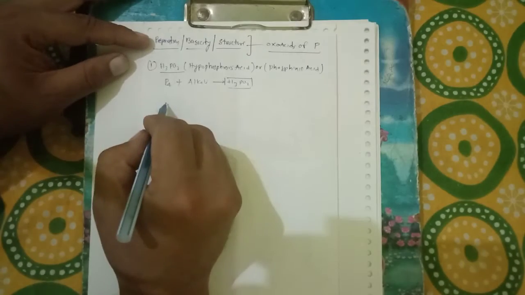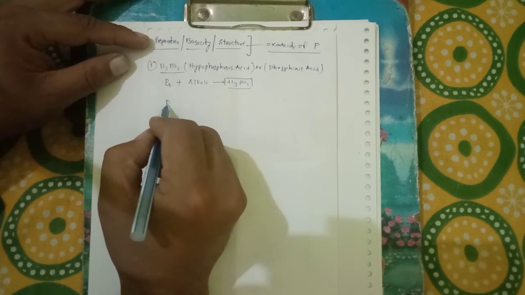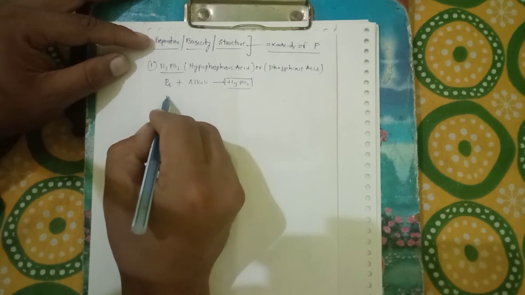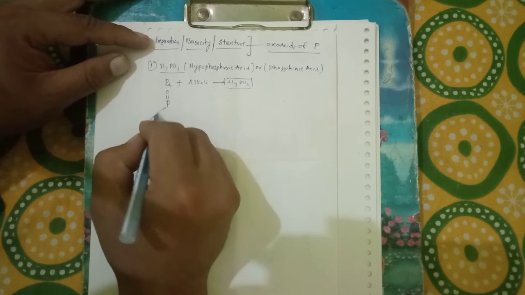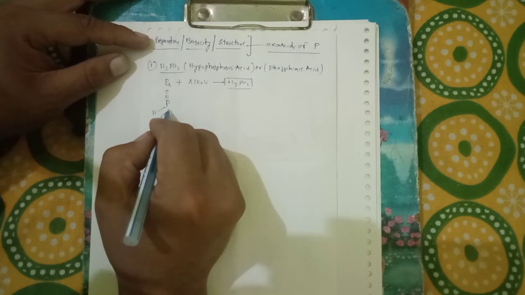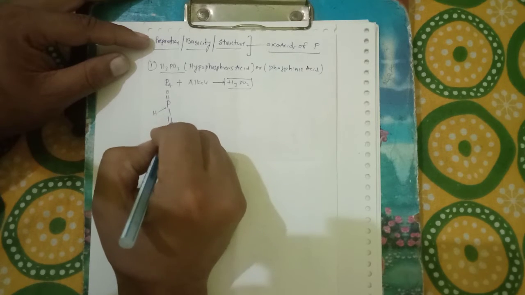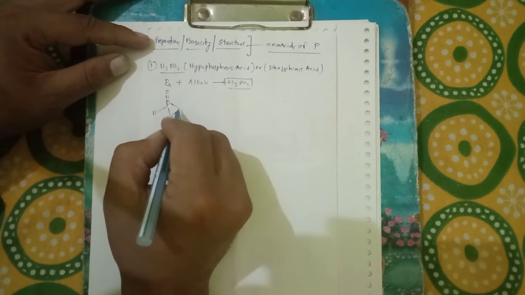What about the structure? If we see the structural arrangement, we find that here P is bonded with oxygen with a double bond, P is bonded with hydrogen with a single bond, P is bonded with hydrogen with a single bond, and P is bonded with OH.